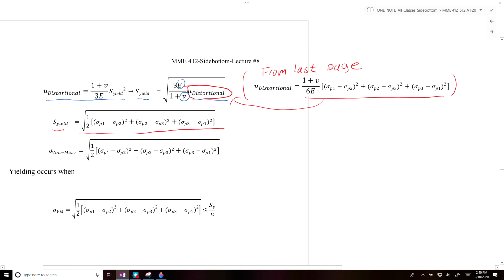So we can define the right-hand side of this equation. We'll call this our sigma von Mises.